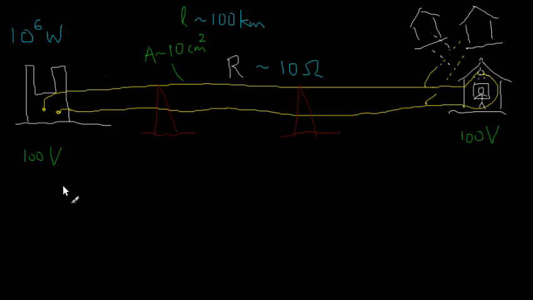Now, it is this 1 million watt that we need to send out, not only to our house, but also to our neighbors and our neighbors' neighbors and so on, everybody living around us. So what I need to do is this. In order to calculate the power loss, I need to find the current.